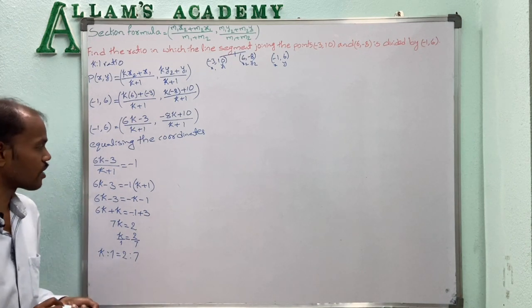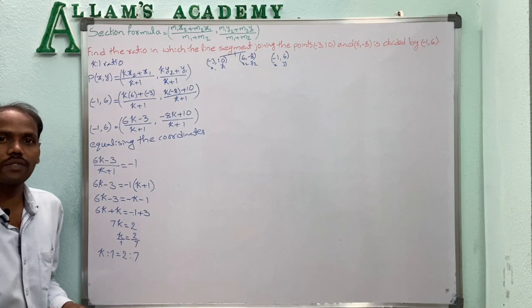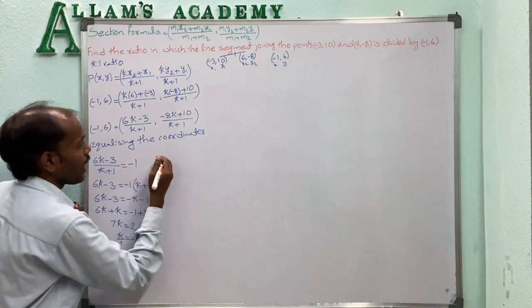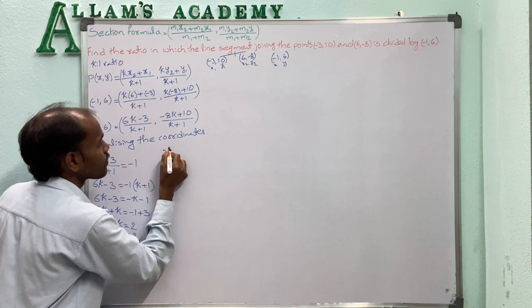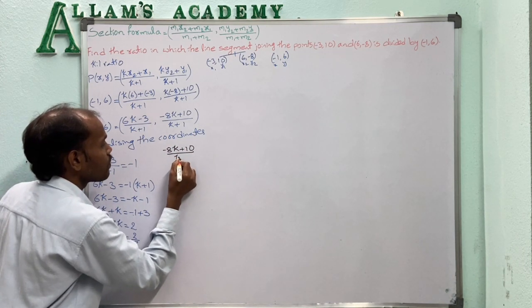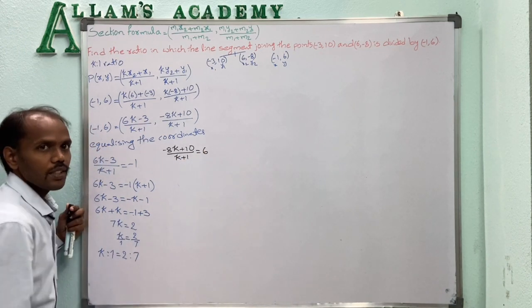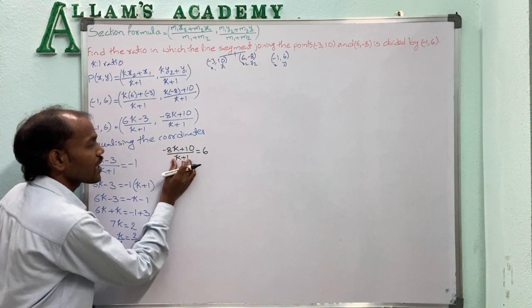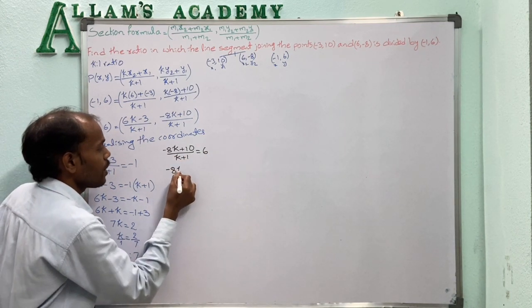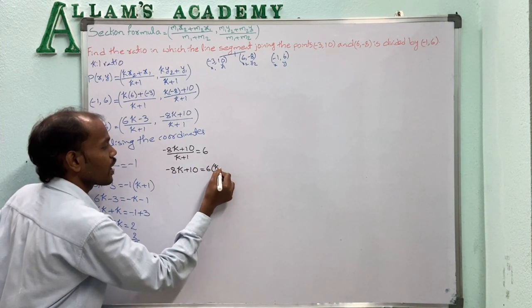Then if we equalize the y coordinates, here also we get the same answer, as observed. So (-8k plus 10) by (k plus 1) is equal to 6. Now this division k plus 1 transferring to LHS, there is multiplication. -8k plus 10 is equal to 6 into (k plus 1).